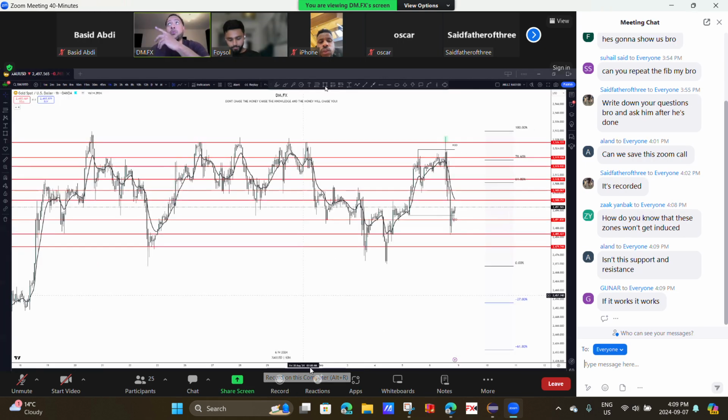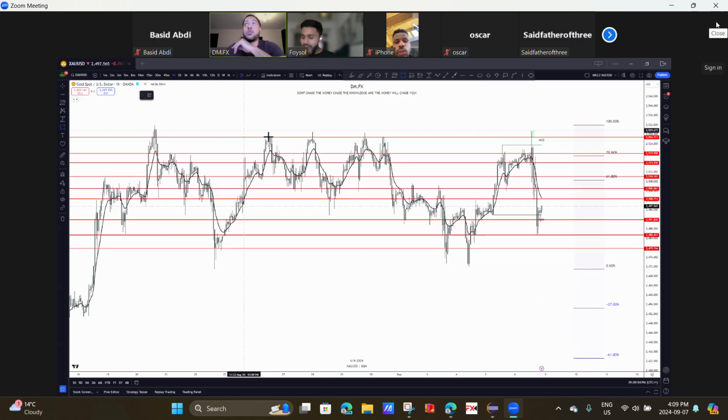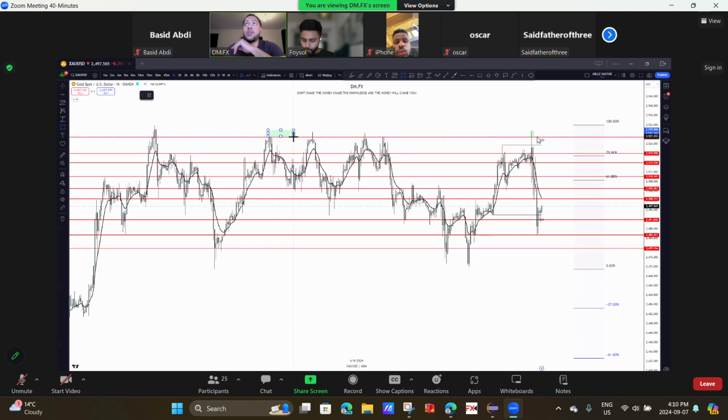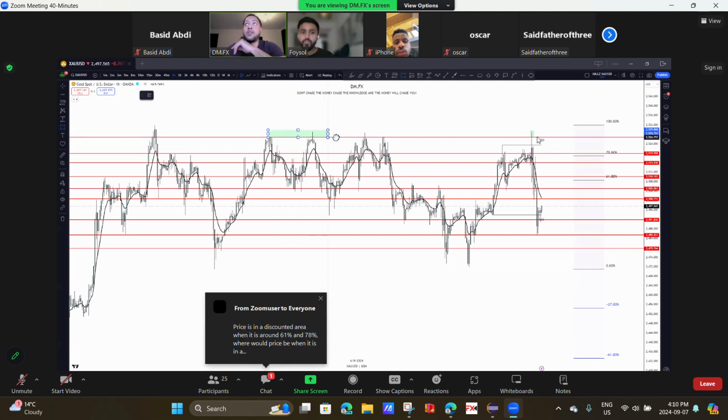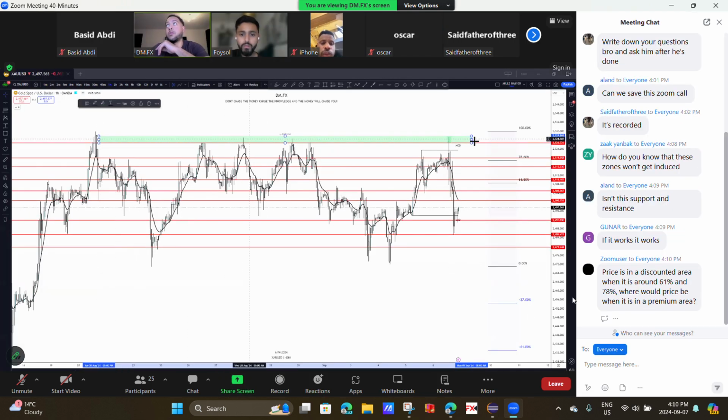So you want to draw support and resistance lines, and you could draw it out like that from the top of the candle. This is a zone, this whole zone here.